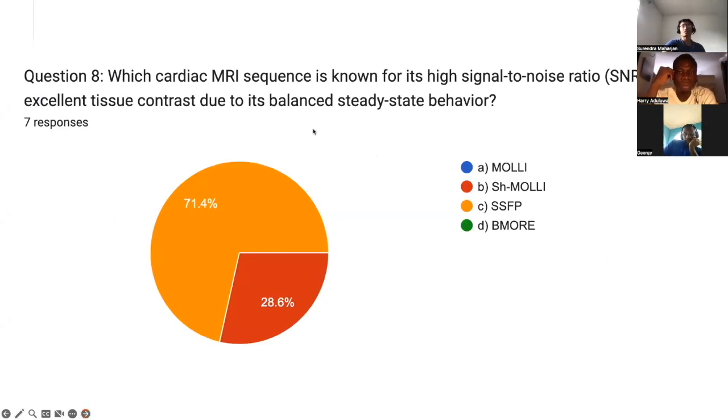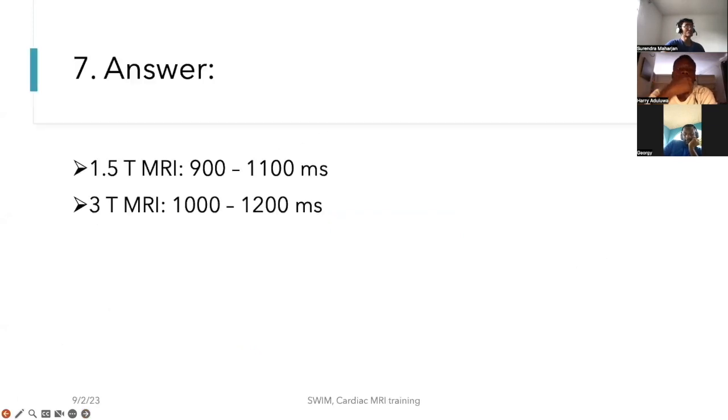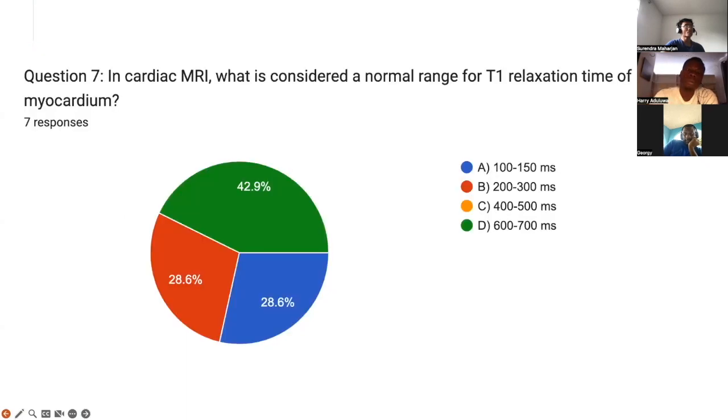Can you go back a little? The question itself, not the answer. The values we have, the answer is around 900, but the answer given is way below it. The thing is, it depends on the vendor and the specific patient.